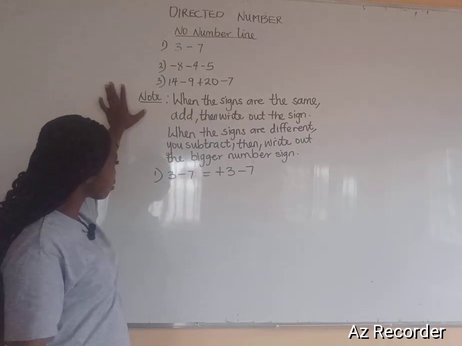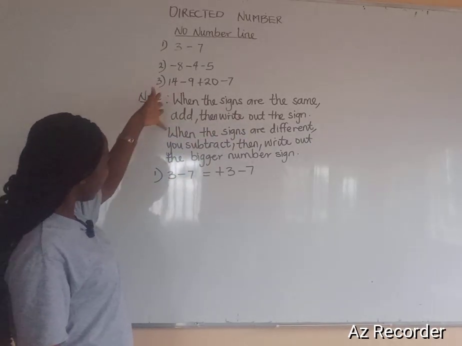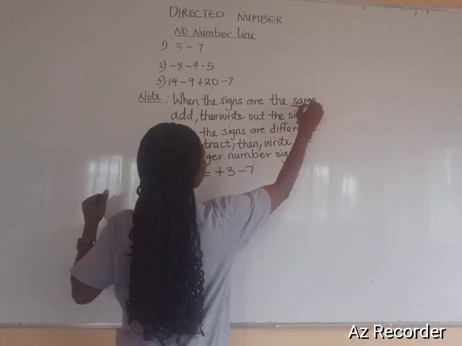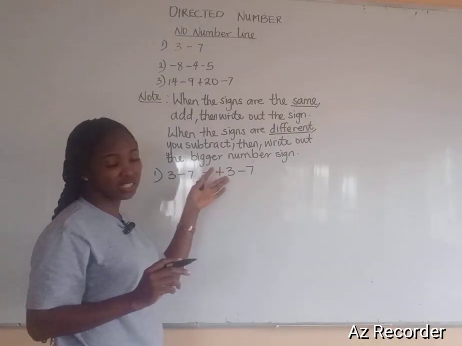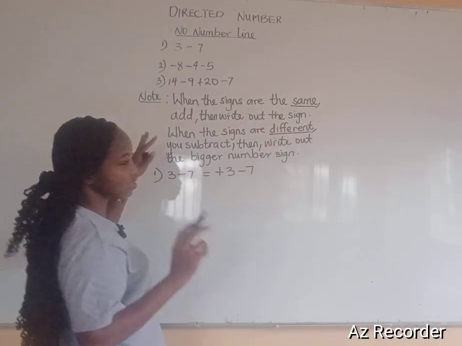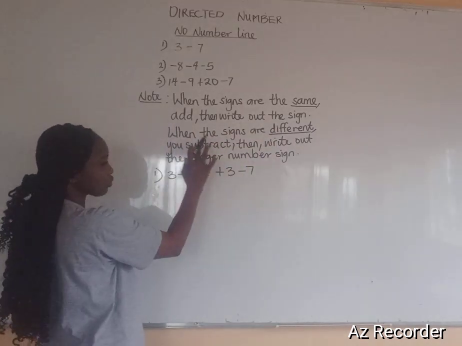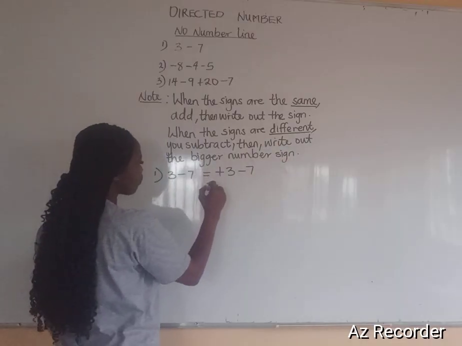Let's look at our notes. When the signs are the same and when the signs are different, we are going to look at our sign. We have 2 different signs in this case. That means we're going to use this second method that says when the signs are different, you subtract, then write out the bigger number sign.